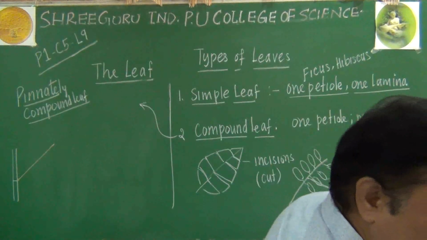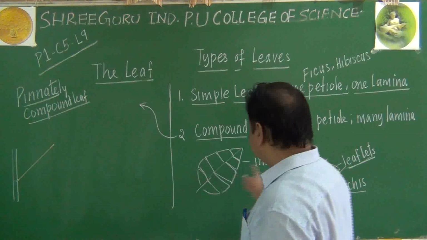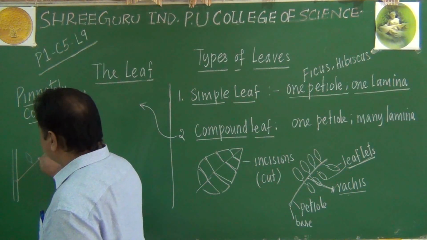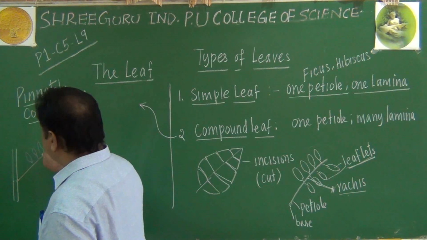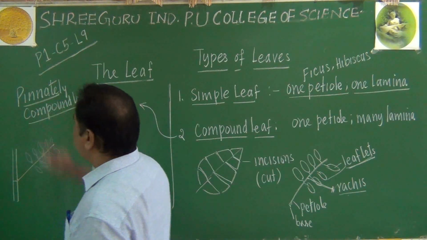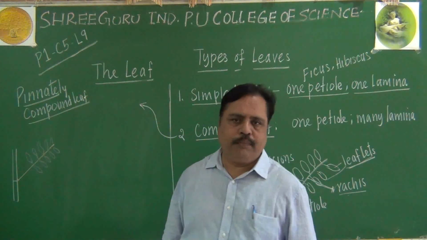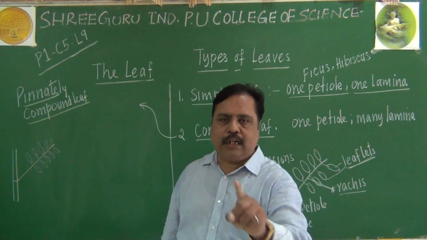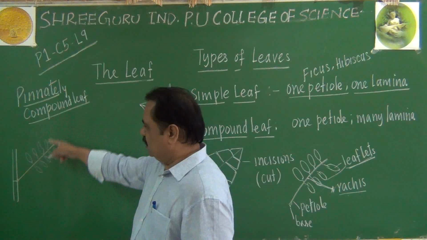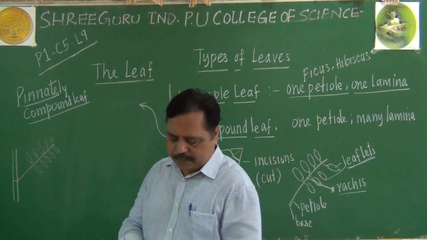Over the rachis, if leaflets are present on both sides, here one leaflet, another leaflet, a third one, fourth one, like this, then it is called a pinnately compound leaf. On the sides of the rachis, leaflets are present. That is known as a pinnately compound leaf.